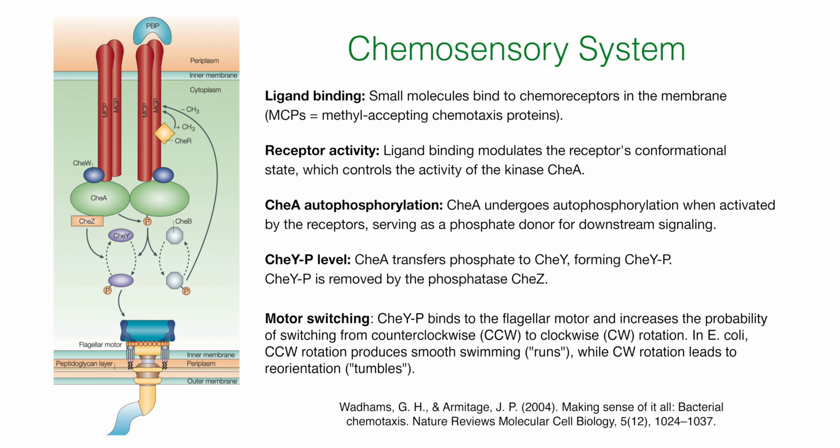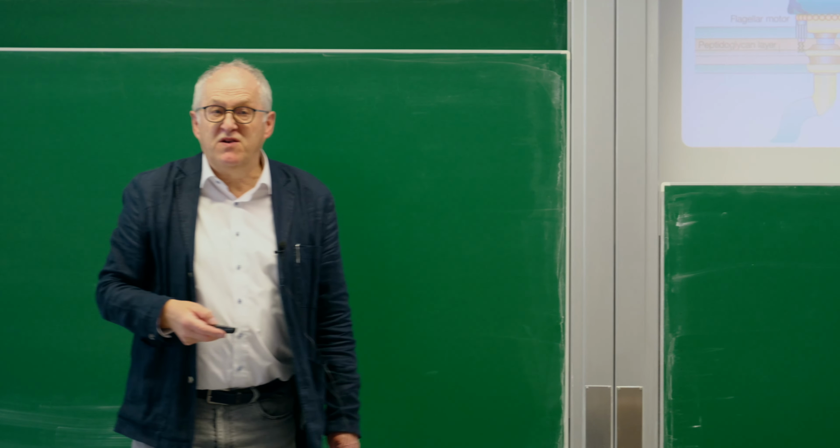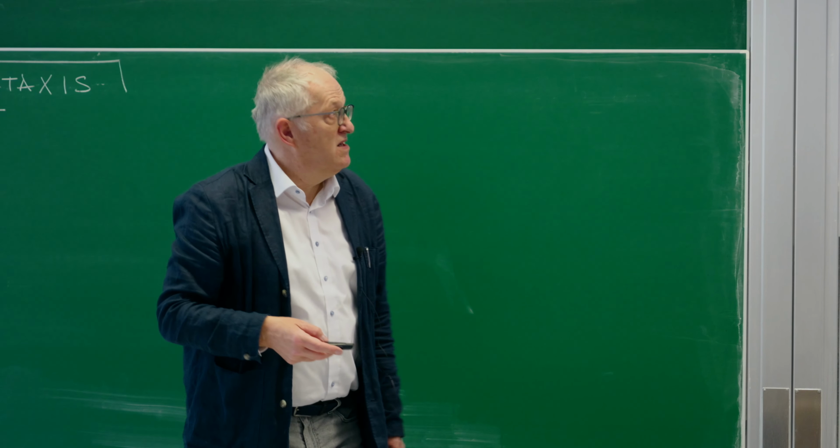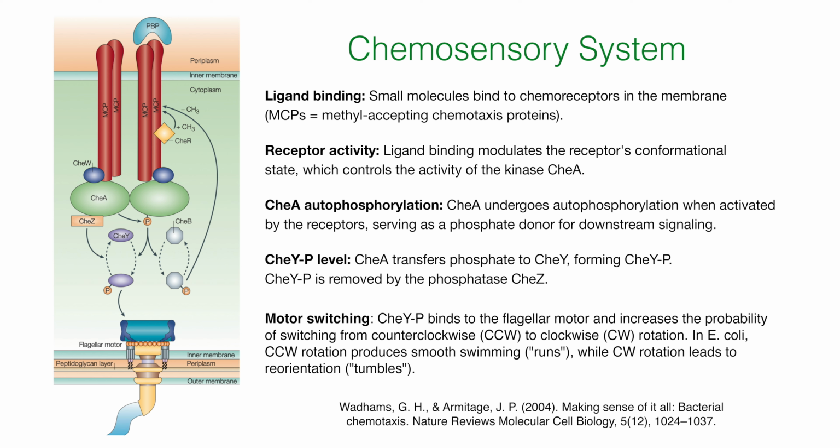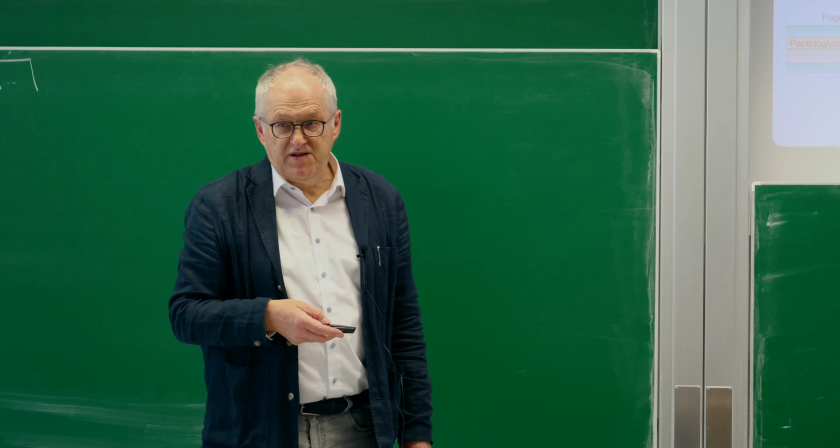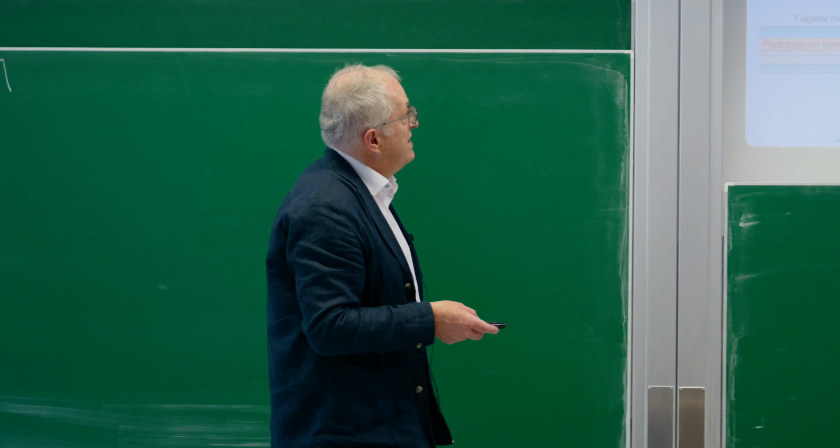And once they sense that there is some kind of chemoattractant in the surroundings, they'll change the behavior or the state of this protein here that's called CheA. Che stands for chemotaxis, and A, etc., just enumerates the different proteins.